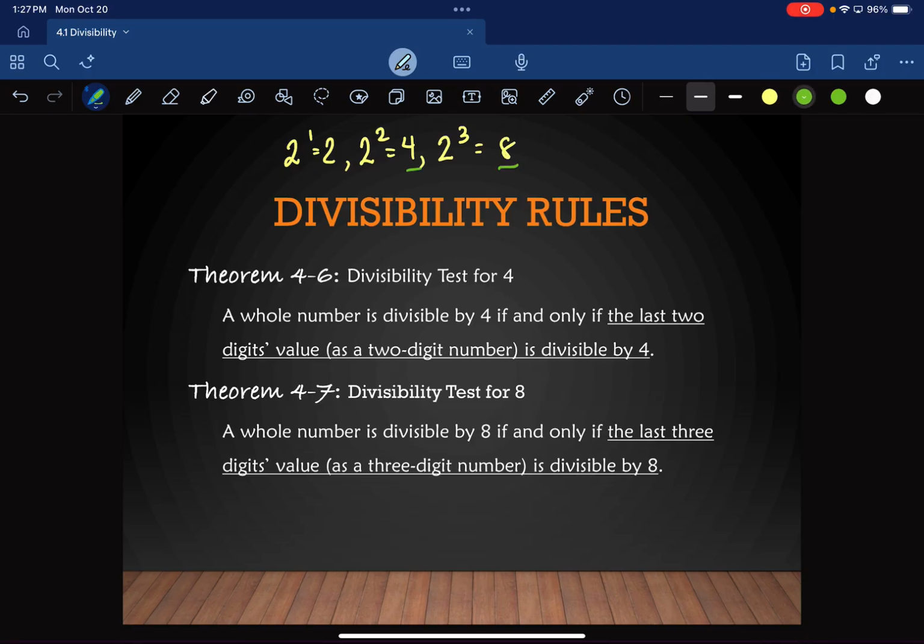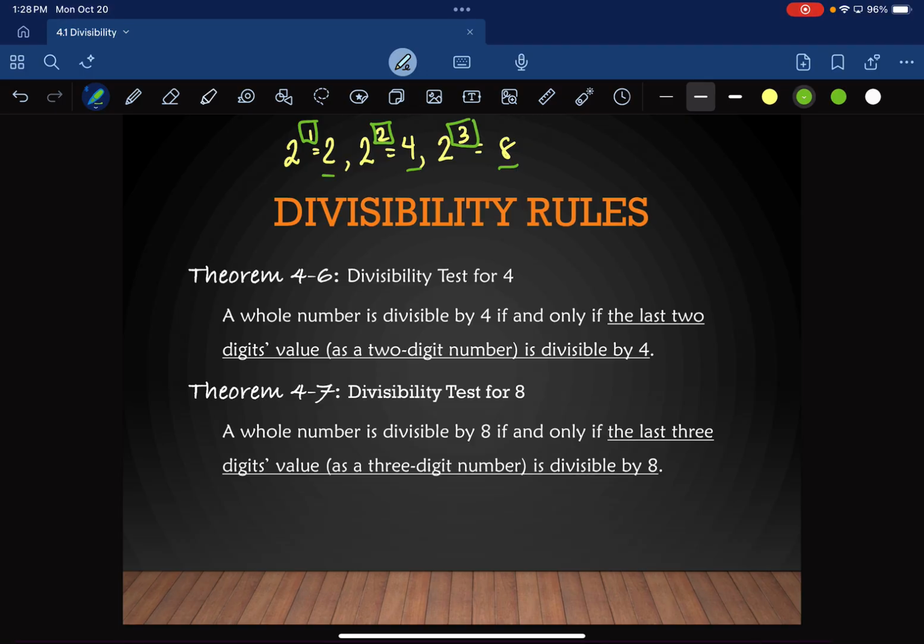This is the 4, the 8, and the 2 that we're talking about. The power tells you how many digits you need in order to know if it's divisible. And why does that happen? Well, because this is divisibility by 8, and 8 is 2 times 2 times 2. There's 3 2s, so I need a 3-digit number. That's why it's happening. It's not really a mystery, but that's what's going on behind the scenes.